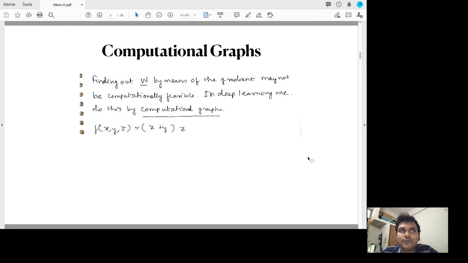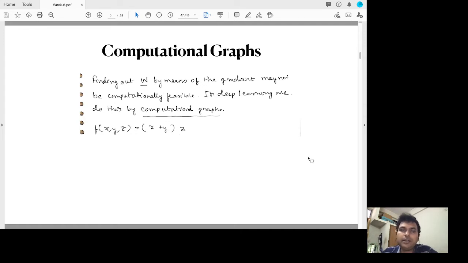Whenever you write a network in this particular coding language or format, they will immediately make your model into a computational graph, and that computational graph is something that they will store.